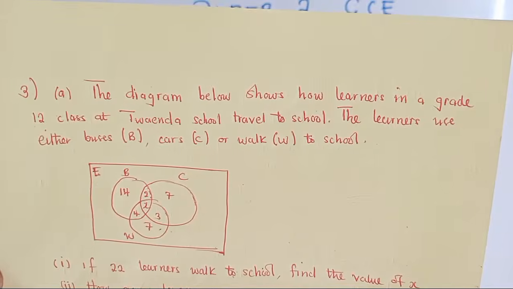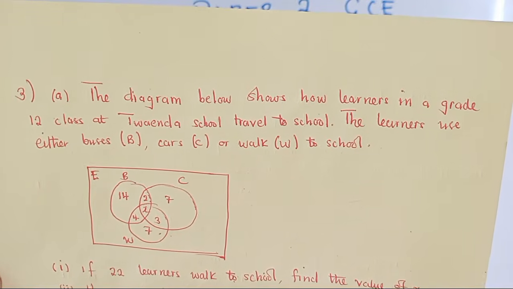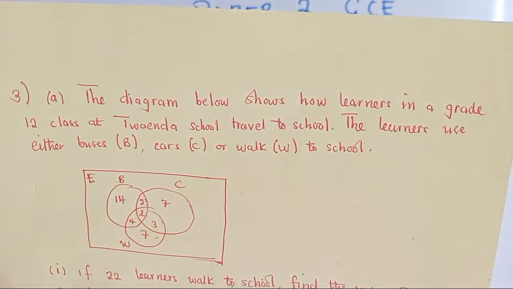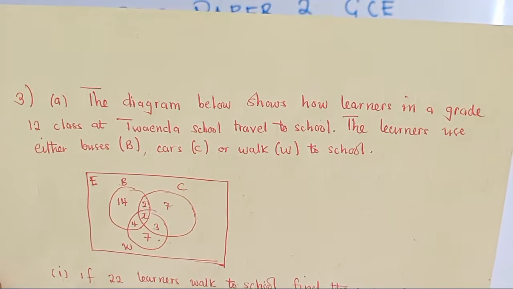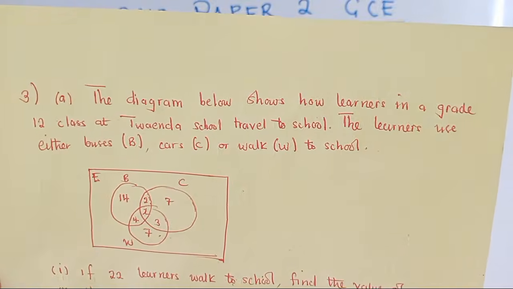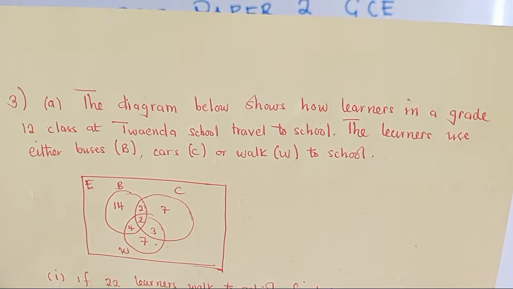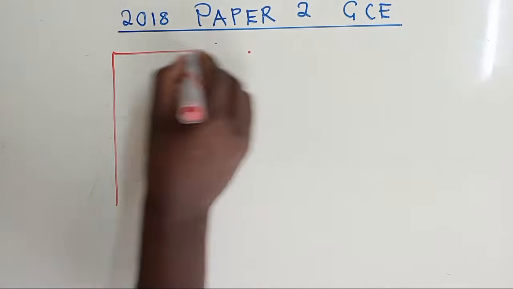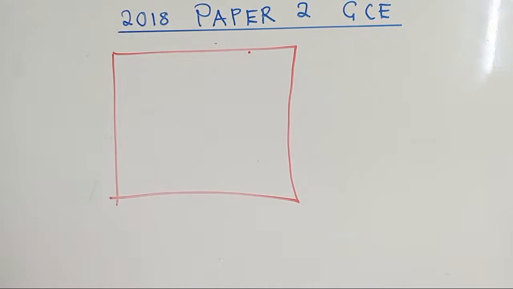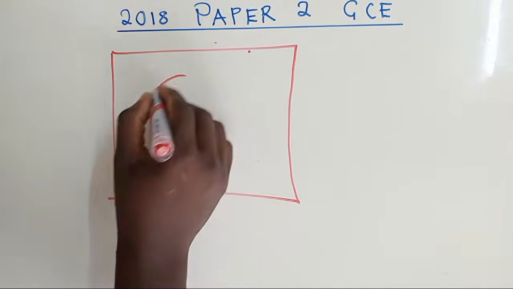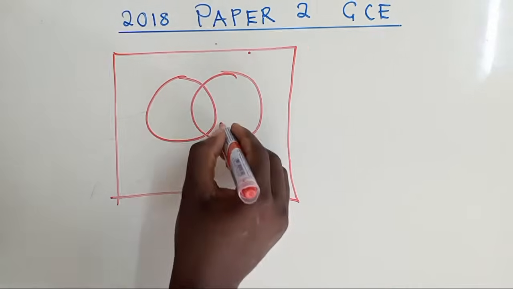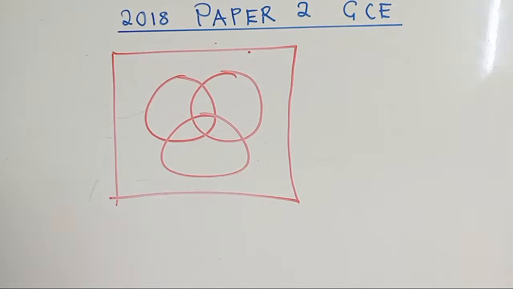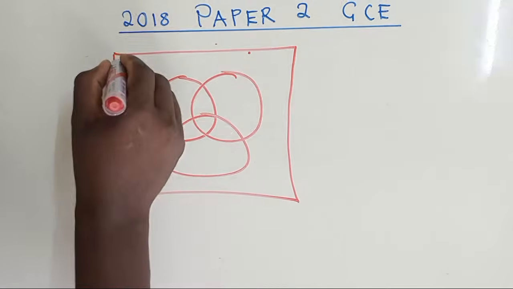The diagram below shows how learners in a grade 12 class at Tuahenda School travel to school. The learners use either bus, B, cars, C, or walk, W, to school. And you have been given the Venn diagram. So let me put up the Venn diagram for you. There is E here.